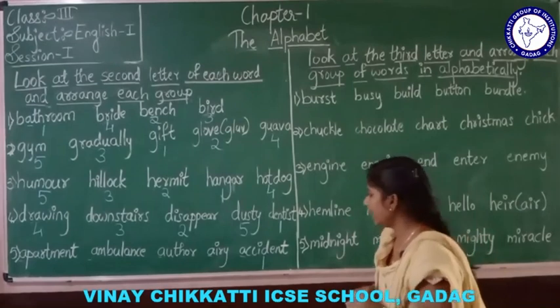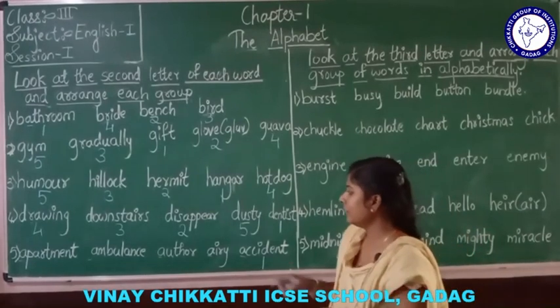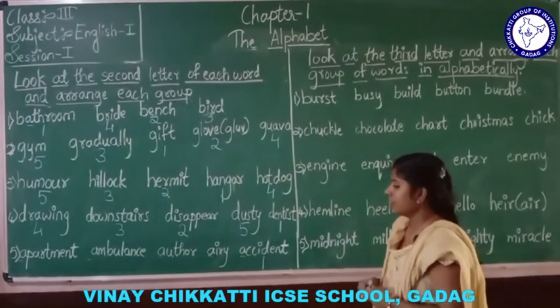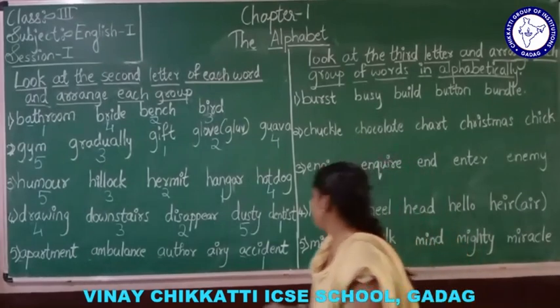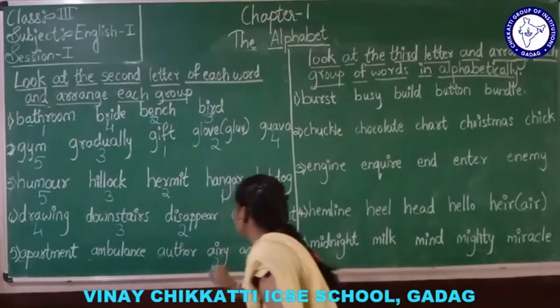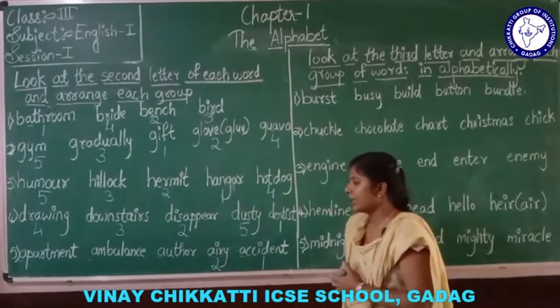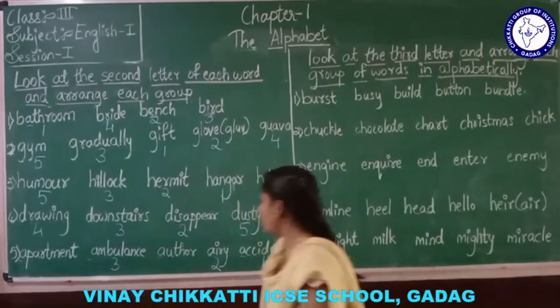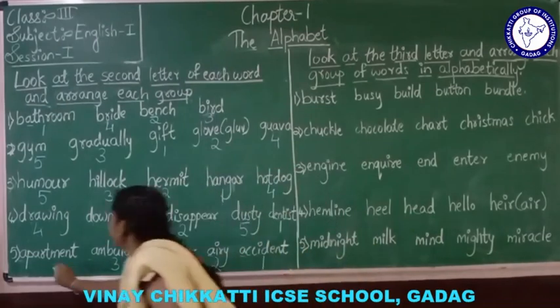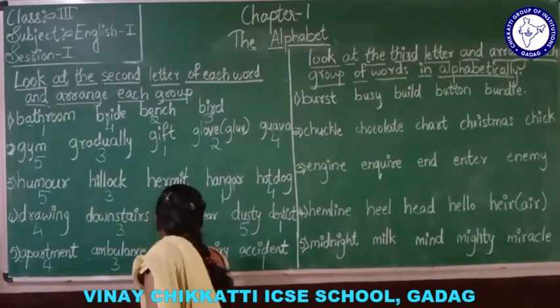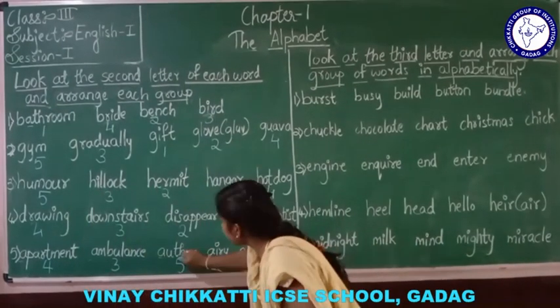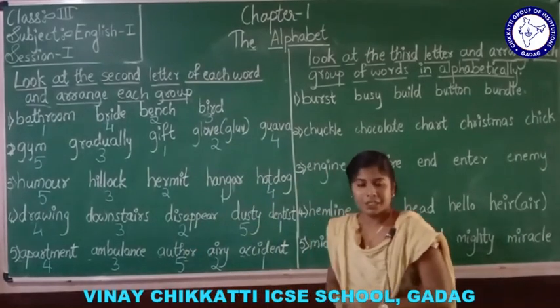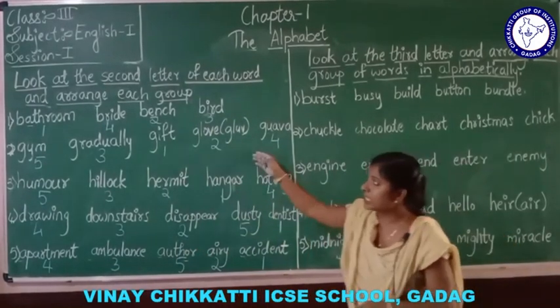A, B, C, D, E, F, G, H, I, J, K, L, M, N, O, P, apartment, and last it is author. Understood, students? Understood this one?